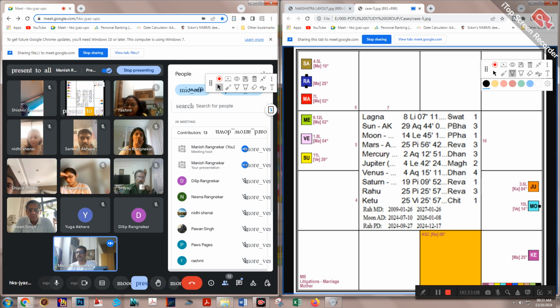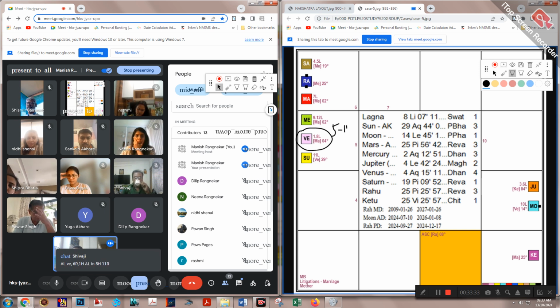Venus is seated here, right? This is Venus. Okay. So which house is it? So 5th house. Which Rashi? That's Aquarius. 11th Rashi, Aquarius. And Lord of 11th Rashi is? Saturn. Very good. So the script becomes 5 dash 11 dash Saturn, correct?